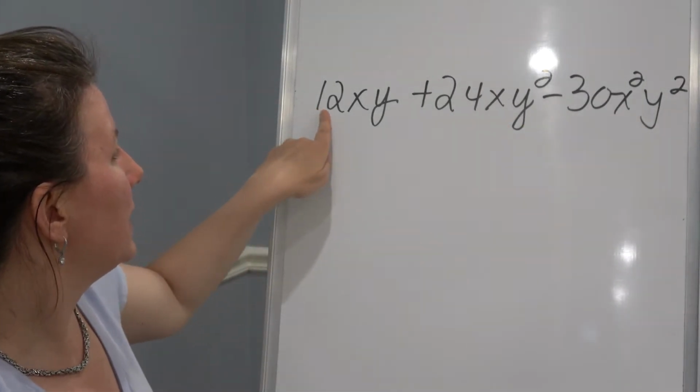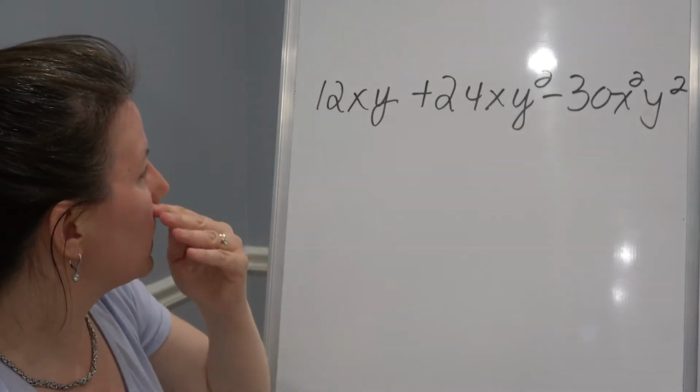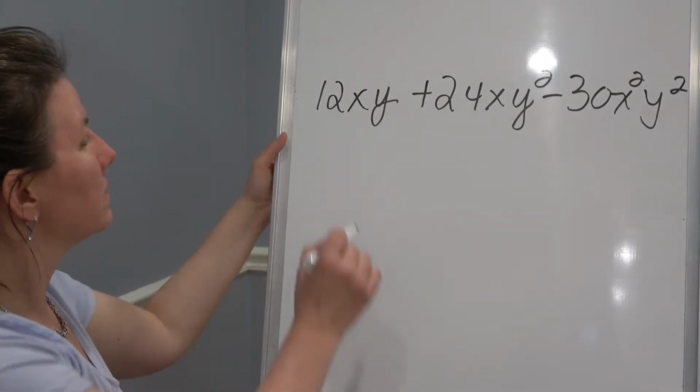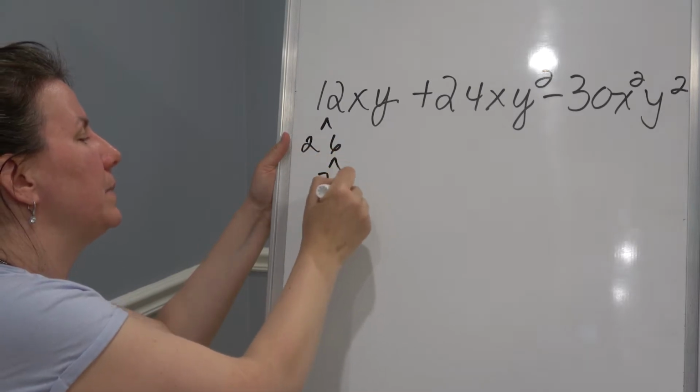So I'm looking at 12, 24, and 30. Once again, you can make a list of these if you wanted to, or you could make a tree. Some people do it like that.